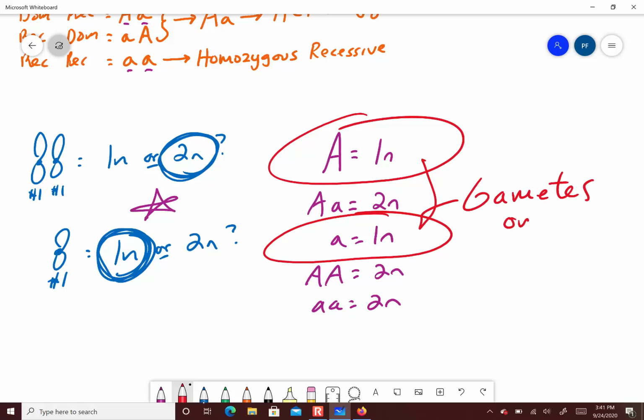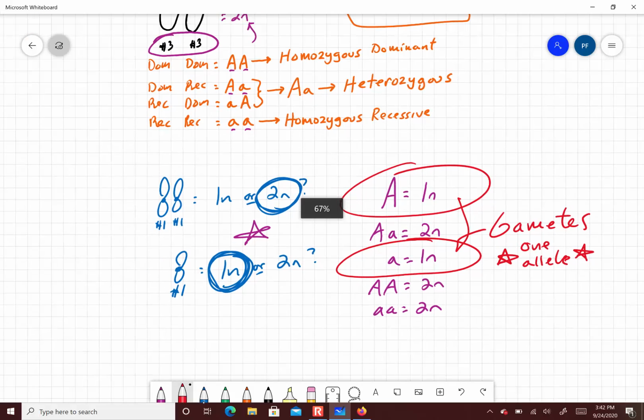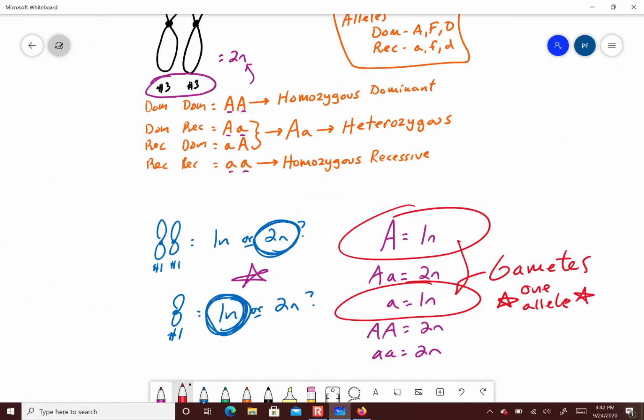They can only have one allele. That's a really important thing when we're eventually going to work with these things called Punnett squares. Maybe you've done those in high school. But with Punnett squares, you have to understand what your gametes should look like to make sure you're doing the correct Punnett square. All right, so that's a little bit more with homologous chromosomes and genotypes.